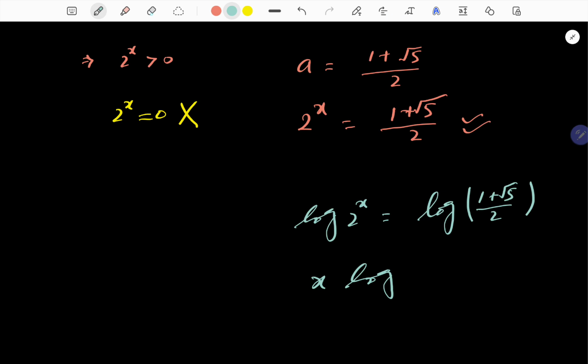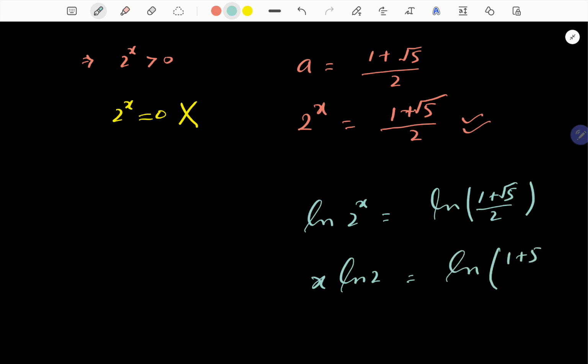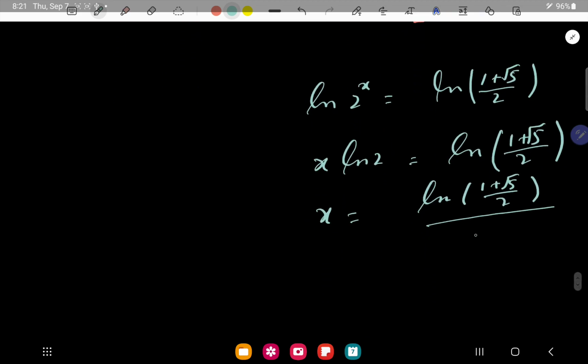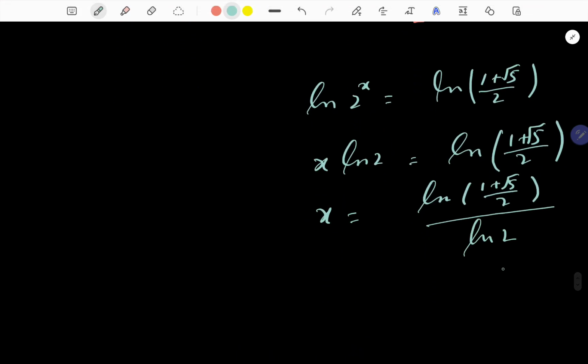You can take it as a natural log, not an ordinary log. So x times natural log of 2 will be equal to natural log of (1 + square root of 5)/2, and then x will be equal to natural log of (1 + square root of 5)/2 divided by natural log of 2, and that is the answer.